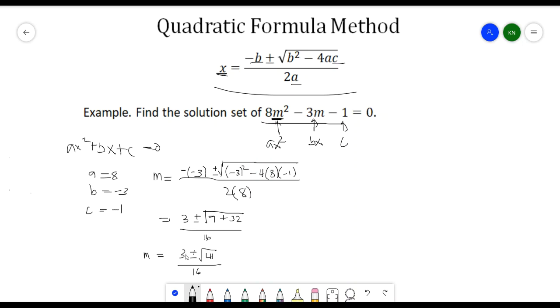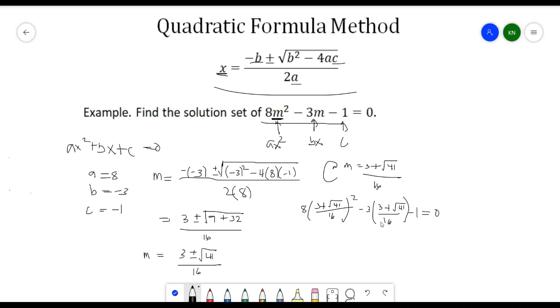So we'll try to check this one from our equation again, at m is equivalent to 3 plus square root of 41 all over 16. Substitute that one to our equation. We have 8 times 3 plus square root of 41 over 16, and you square that one, minus 3 times 3 plus square root of 41 all over 16, and minus 1.